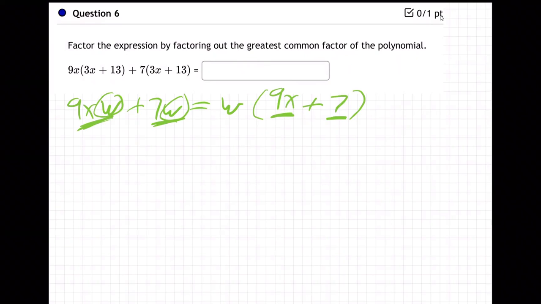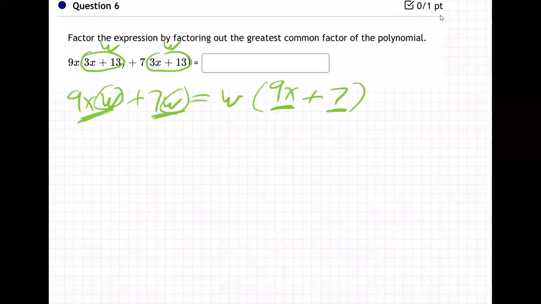I'm basically saying, what if this whole thing and this whole thing was a big old W? What would you do? You would take out the W that they have in common, and you'd put the parentheses, and you'd put the 9x plus 7. You'd peel off the W, and put down the 9x plus 7. Why? Because it would work. It simply works, meaning if I was to take this W and multiply W times 9x, it would go back to 9xW, right?